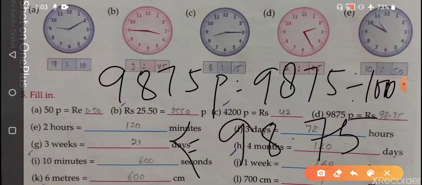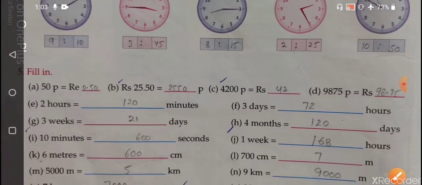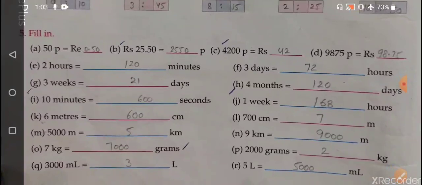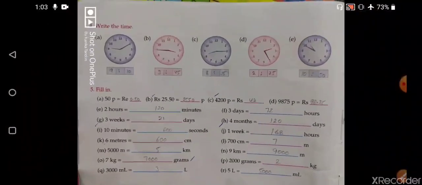So we have 98 rupees and 75 paise. I hope it is clear to you all. Now questions E to R are in my next slide.